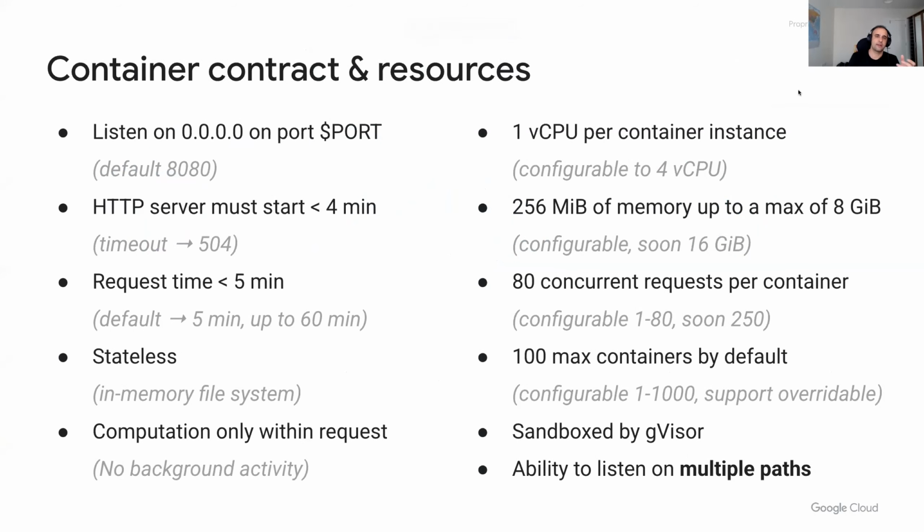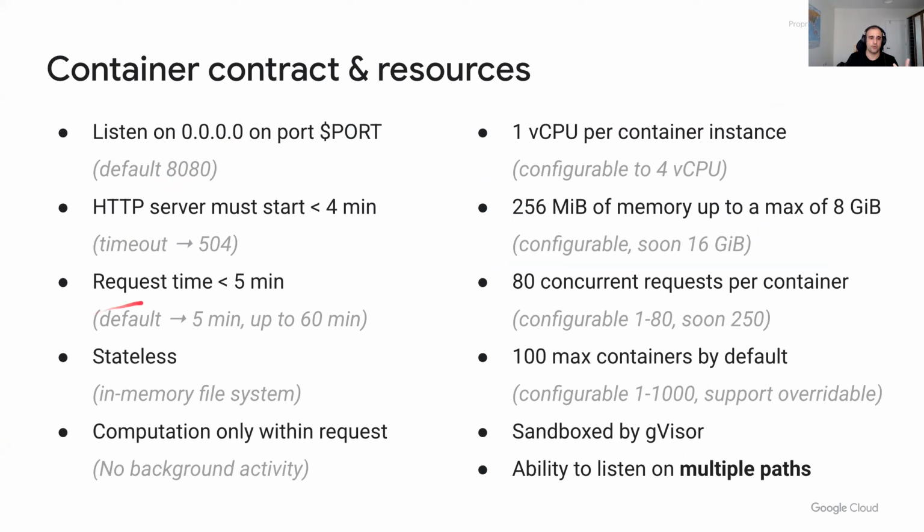And this container that we run, of course, you can run anything within a container, but for Knative and Cloud Run, the container has to adhere to a contract. It has to listen on 0.0.0.0, and it has to listen on a port environment variable. It has to be an HTTP server that starts within 4 minutes.